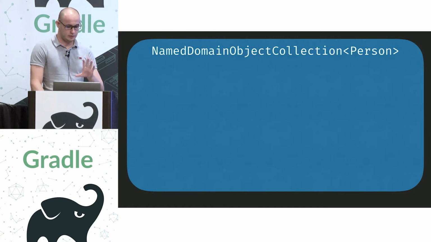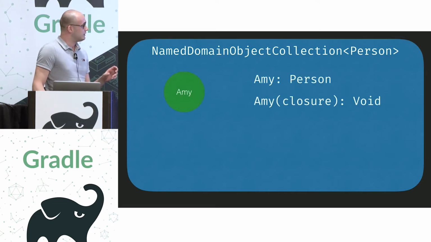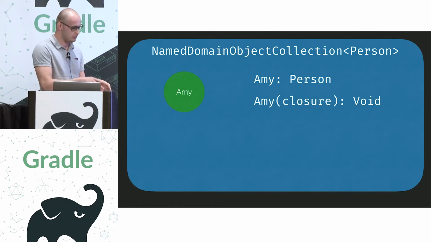What's important about these collections is that whenever we add an object to the collection, we can access it with two new methods on this collection. So we can access the object with a property that has the name of the object.